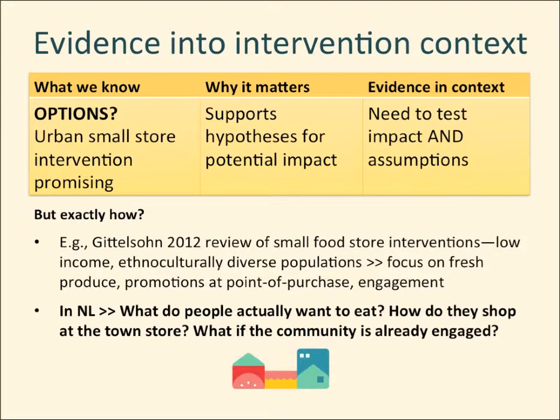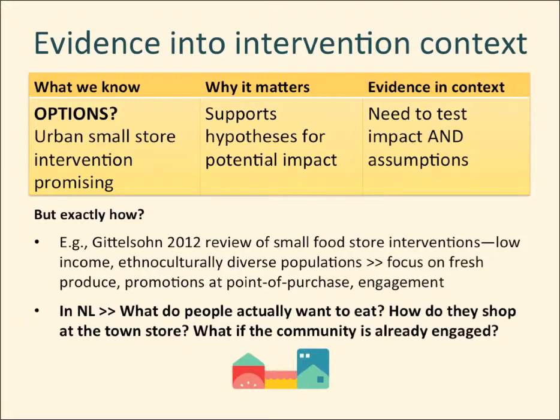However, we also need to take a little bit of a step back. If our population is not particularly low income, or if it's mixed income across a wide spectrum, if our population in our jurisdiction and community is not ethnoculturally diverse, then we need to actually take a step back and ask some of these other questions.